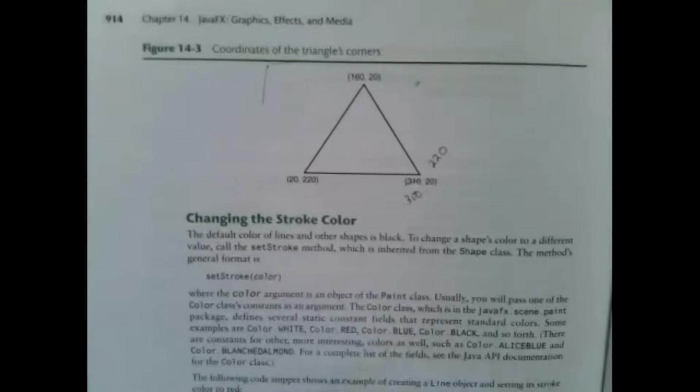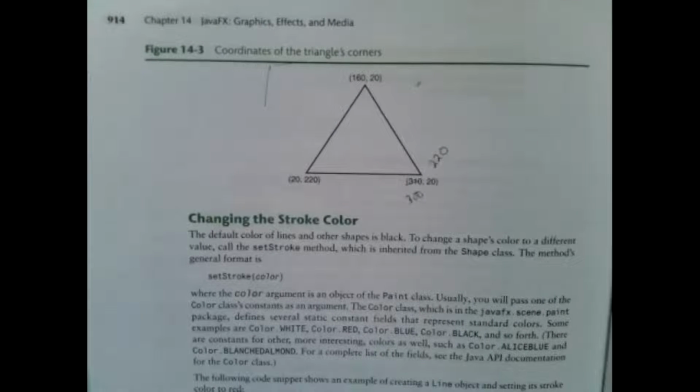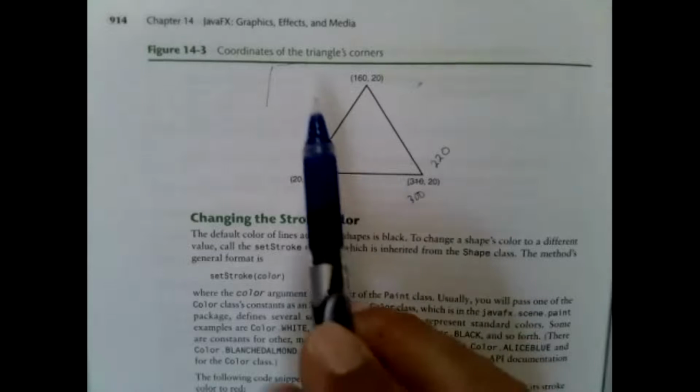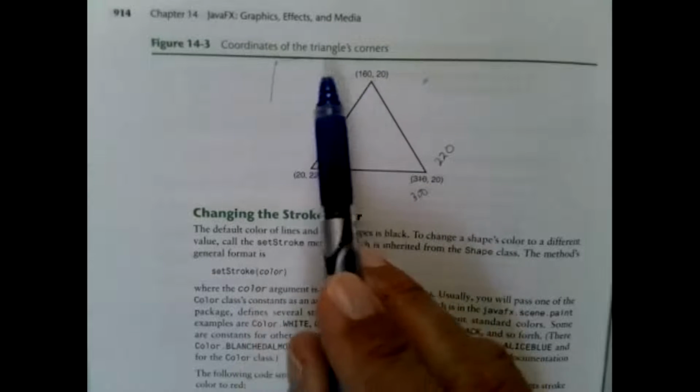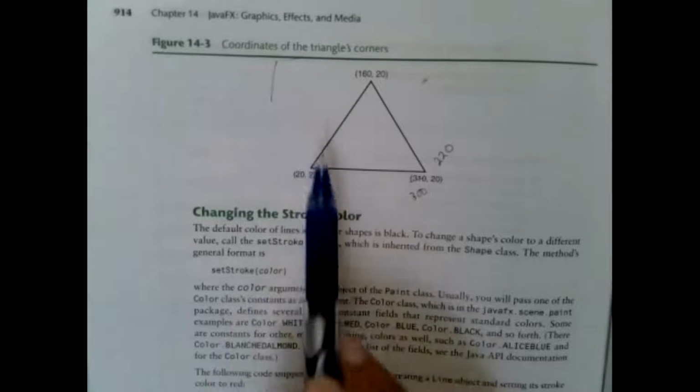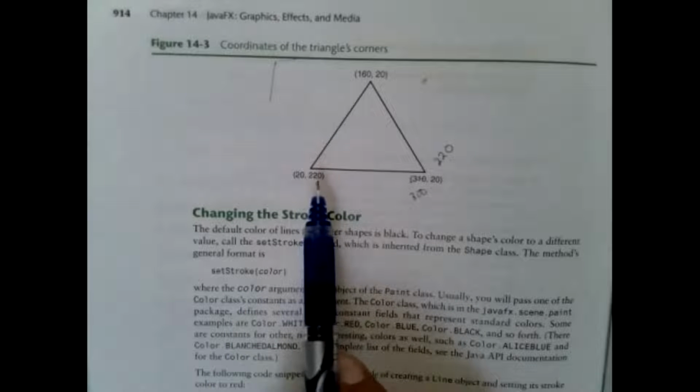Taking a look at the triangle, I checked all the numbers and I went, nope, the numbers can't be right. In order for this triangle to actually exist, and dummy me wrote them in pen instead of pencil, if I'm going over 160 and down 20, that puts me there. If I'm going over 20 and down 220, that's there.